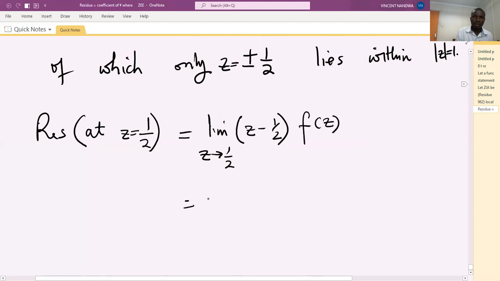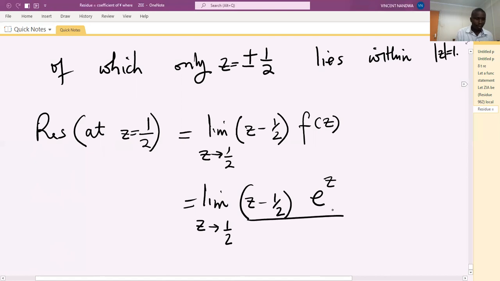So this will be the limit as z approaches a half of z minus a half. f(z) is given by e raised to the power z divided by cosine of pi z.